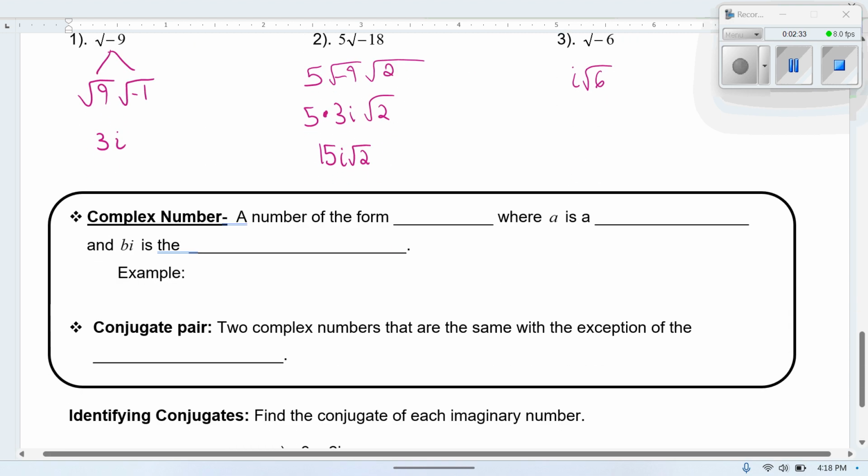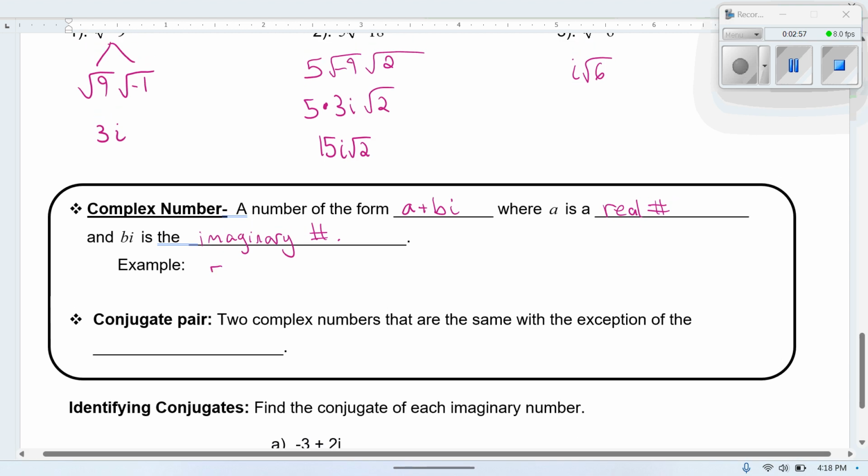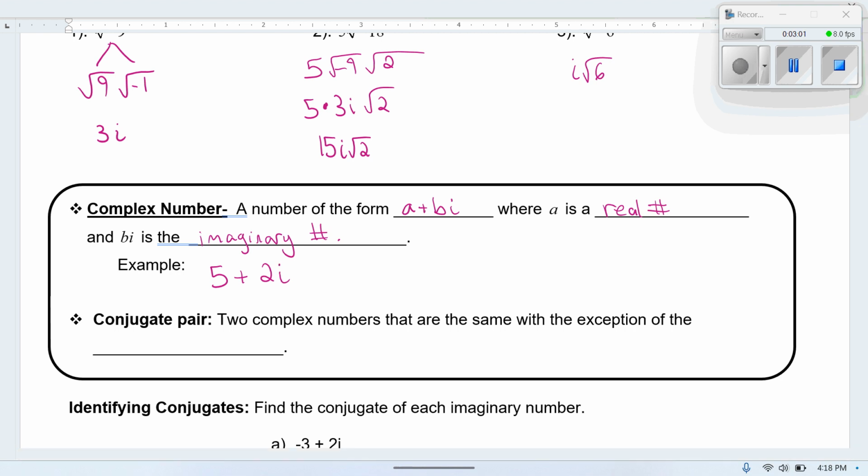So let's talk about what a complex number is. A complex number is of the form a plus bi, where a is a real number and b is the imaginary number. So for example, if you had 5 plus 2i, that is a complex number.